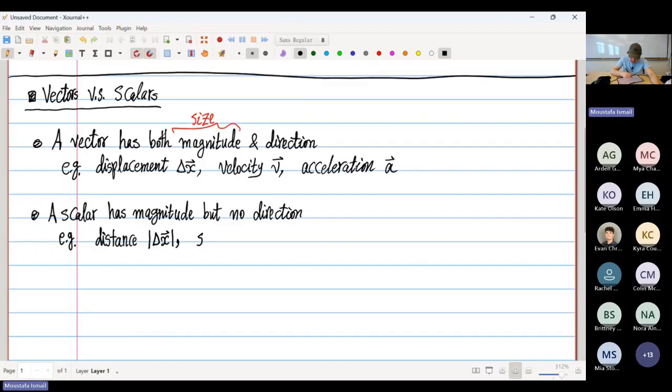And then there is speed. Speed, you can either write it as the vector v with two vertical bars, or we just write it as v without any vectors on top to just denote the magnitude. Same with the magnitude of acceleration.